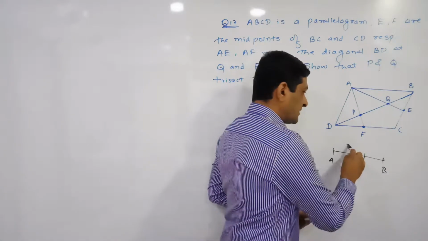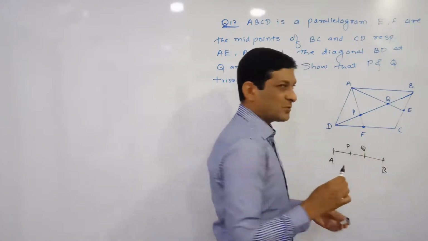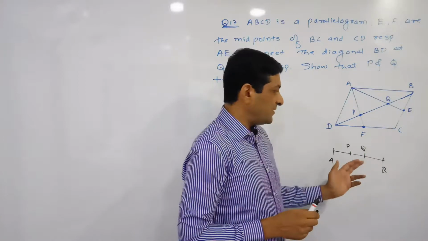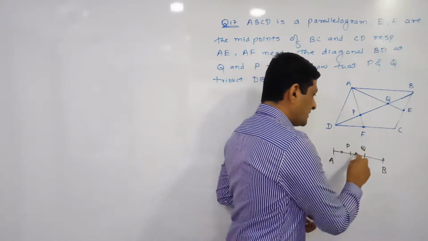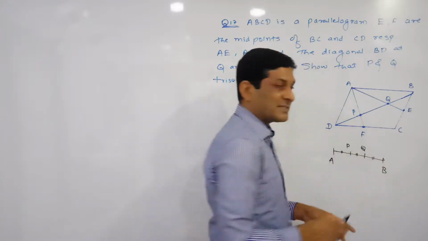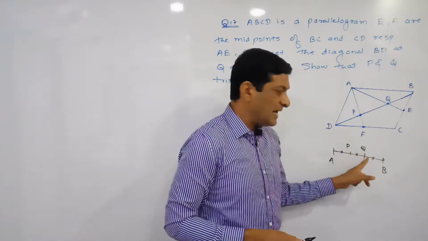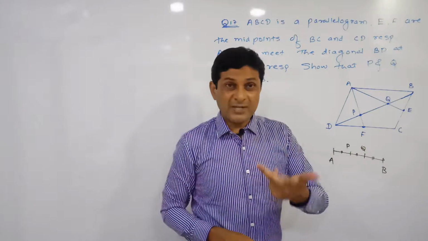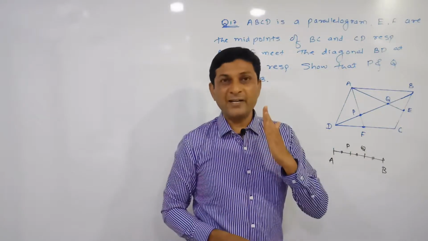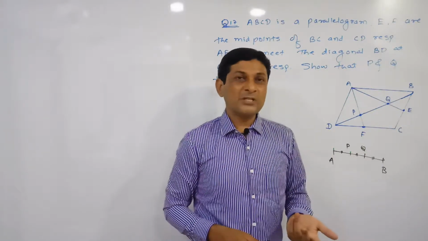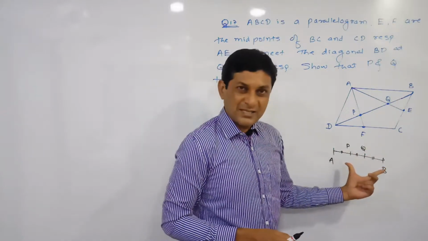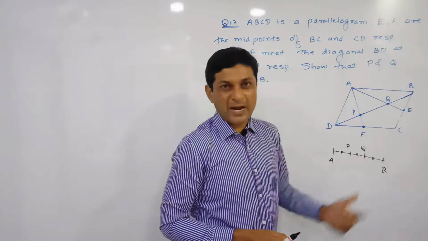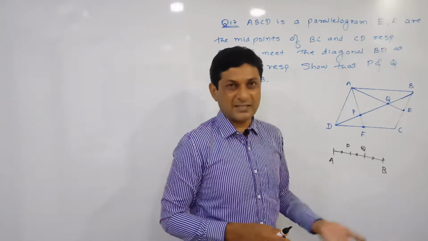Let us suppose one point is P and another point is Q. If these 3 parts are equal, at that time we can say that P and Q trisect it. Bisect is when it divides into 2 equal parts. Trisect means it divides into 3 equal parts. So if points P and Q divide this segment into 3 equal parts, we can say these points trisect the segment.